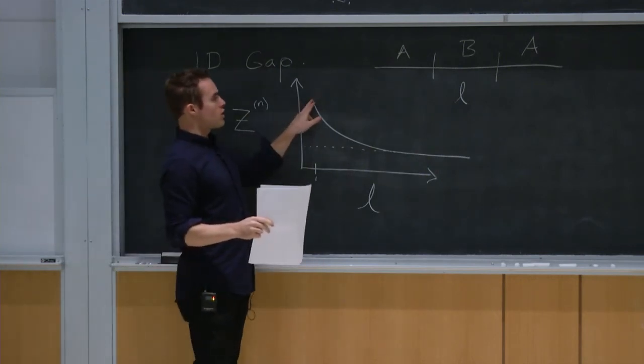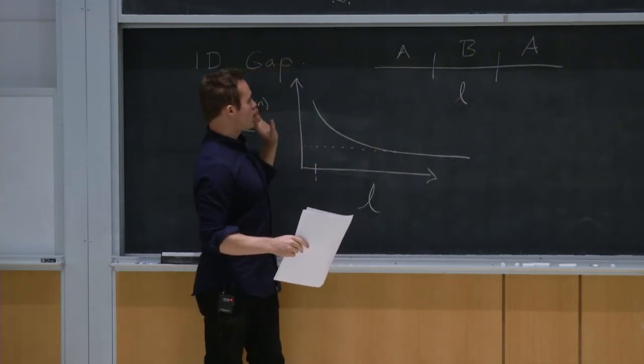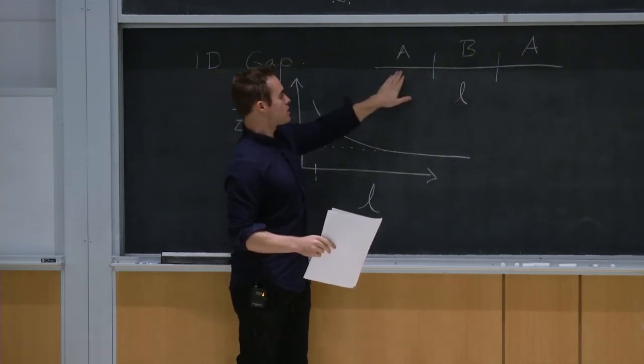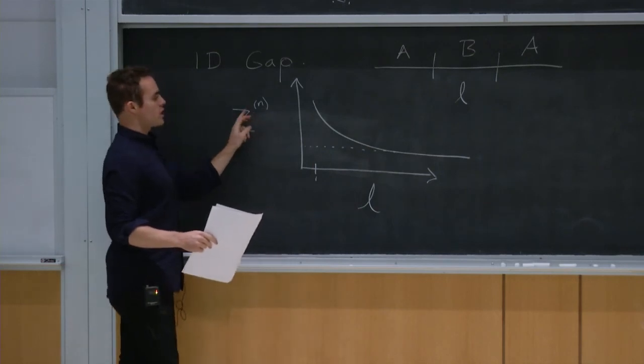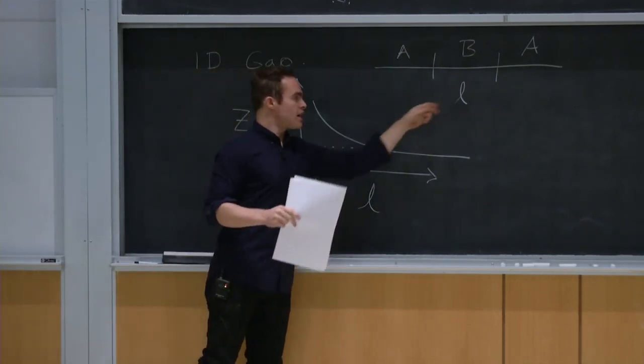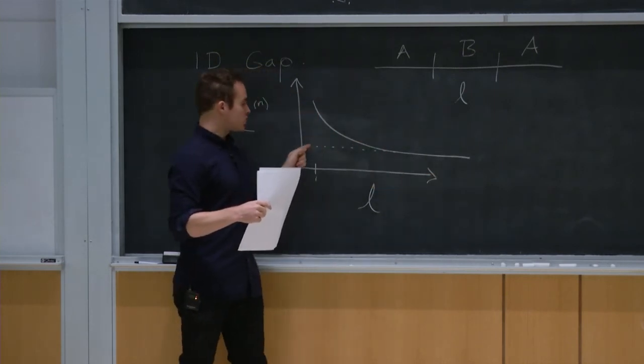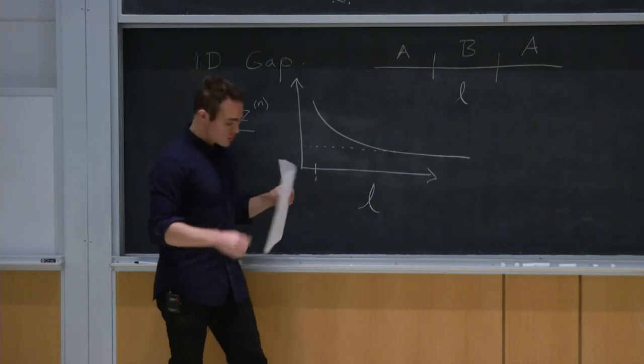So a small region won't have too much entanglement. As you make the region L bigger, it has more entanglement with the rest of the system. So for this funny measure here, it means that Z goes down. But the important thing is that as L gets really big, this doesn't keep going down to 0. Instead, it actually saturates at a finite value.